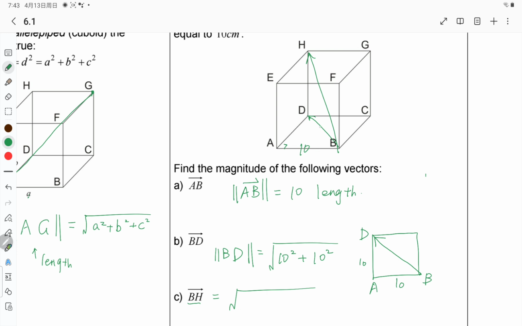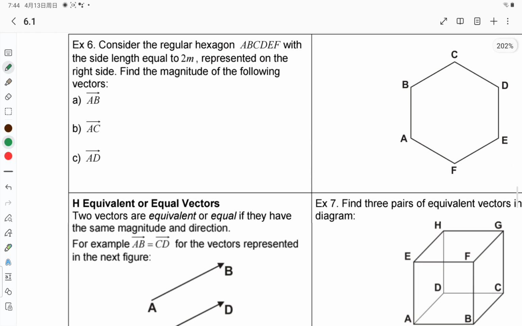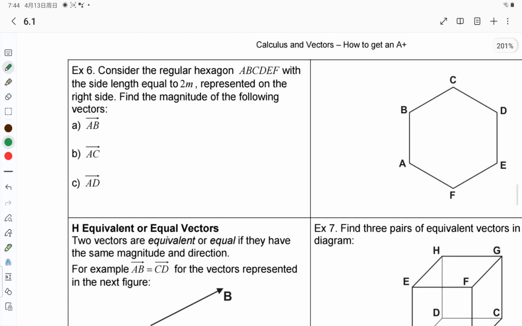So BH would be the square root of BF squared, so 10 squared, plus BA squared, 10 squared, and then BC squared, 10 squared, right? So I already told you. Okay, BH. Alright, so maybe I can pick one of them in the exam.